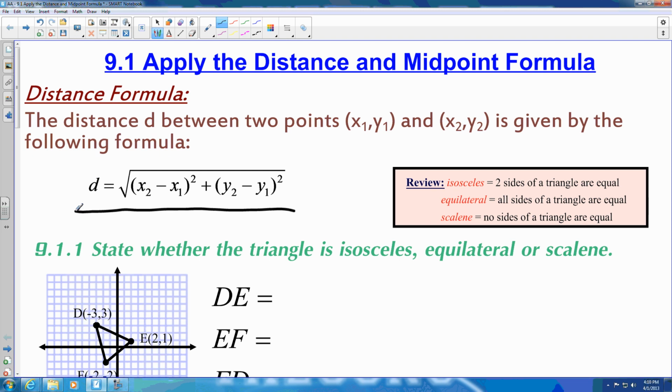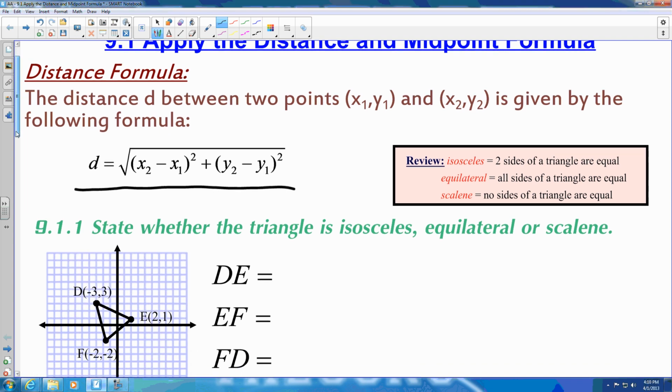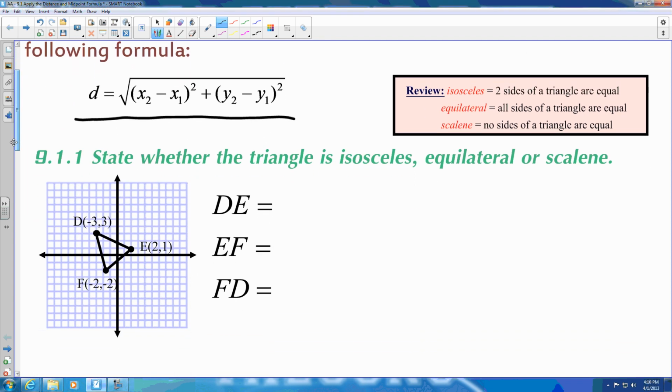There are different ways that we can use the distance formula to help us solve problems. In our homework, to start off with, they want us to determine what kind of triangle we have with these specific points: isosceles, equilateral, or scalene.